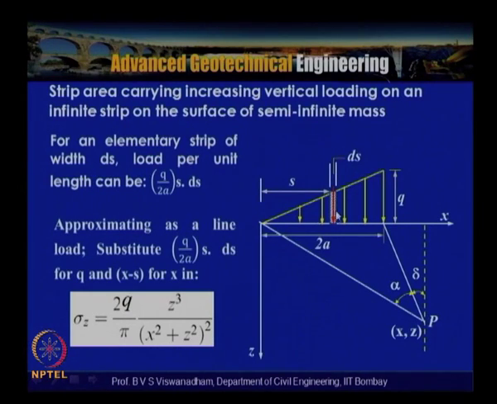elementary strip, let us consider a small strip here, of breadth ds, and let us assume that the load intensity per unit length can be calculated from this vertical ordinate by similar triangles as q by 2a.